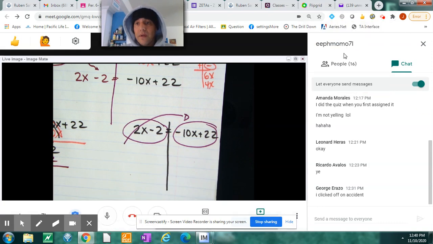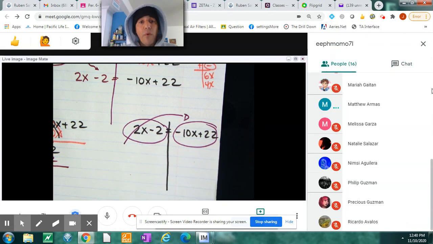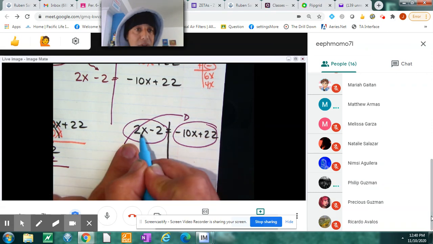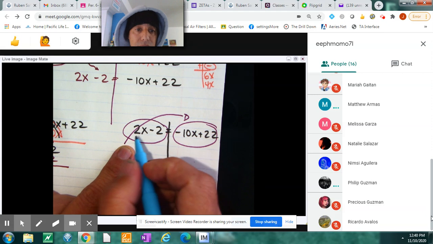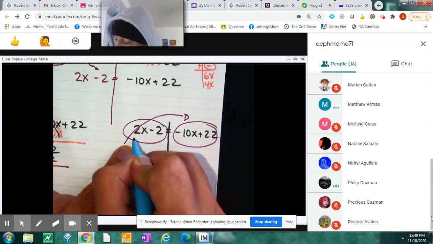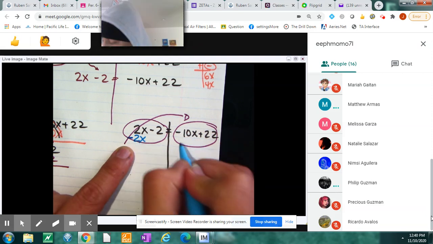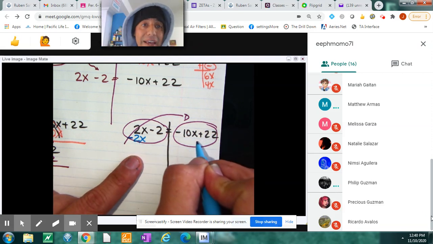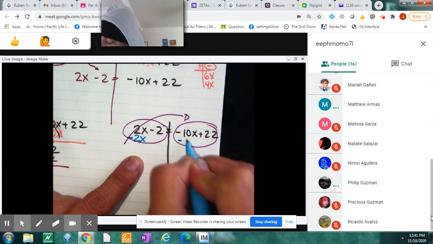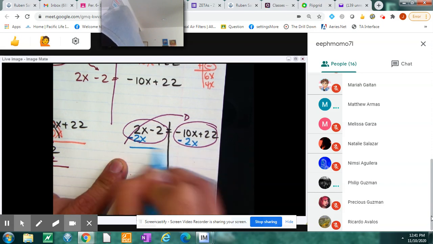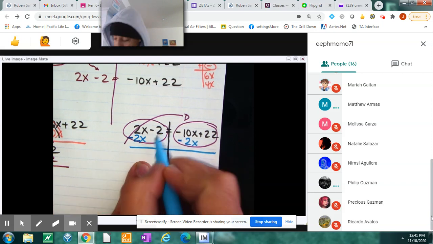Philip, how do I make it 0? It's a positive 2x, so negative 2x. Very good, Philip. Because what I do on the right, do I put it under the 22 or the negative 10x? Under the negative 10x, because that's an x. Very good. So now what drops down?